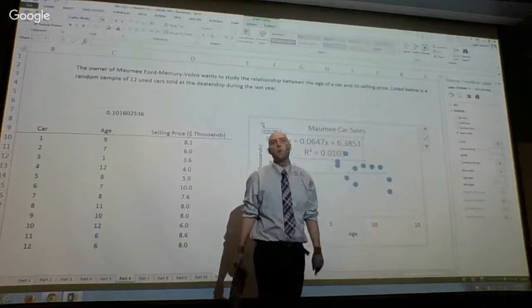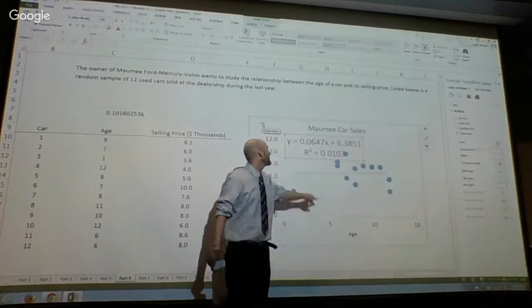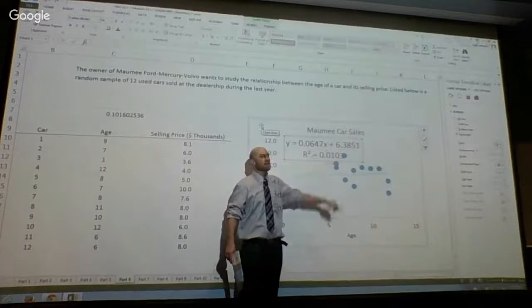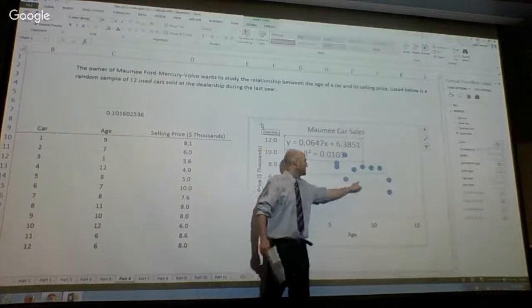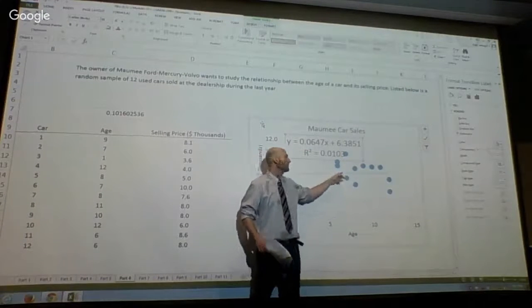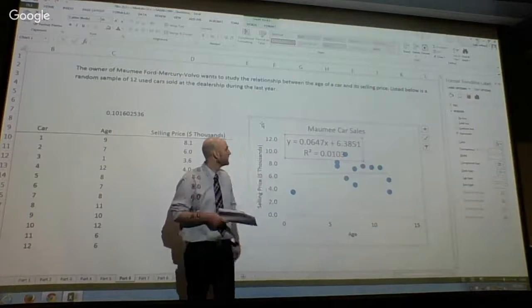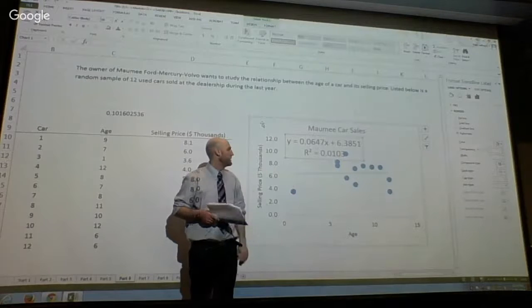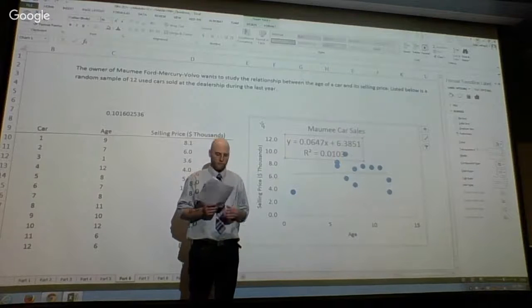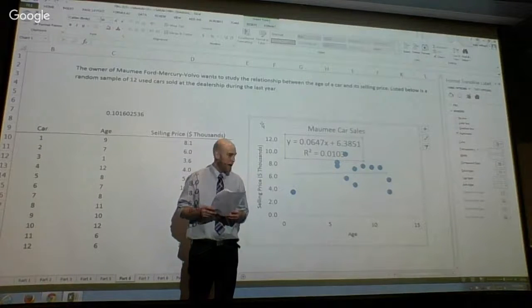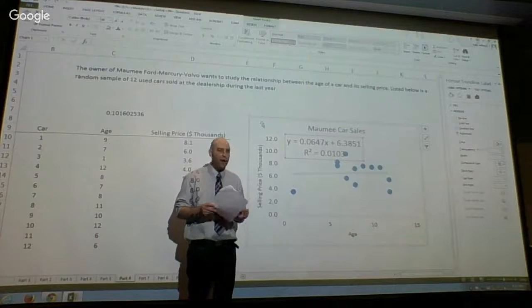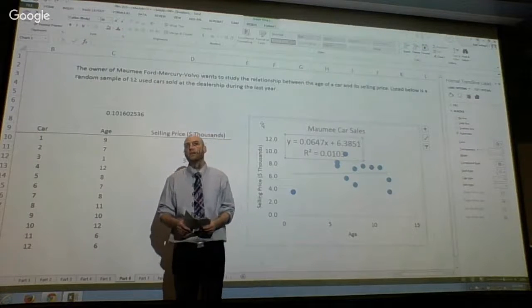A travels alone, B travels with X. 0.0647 is the value for B. The slope is just about 0. I would choose 0.064, even though that might suggest it's 0.65.